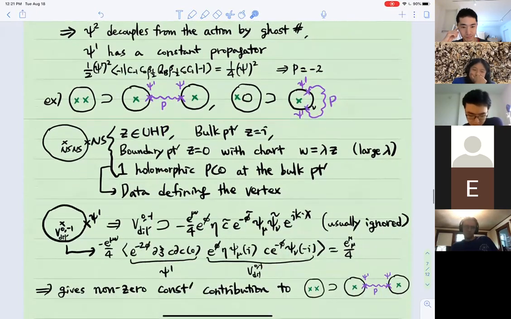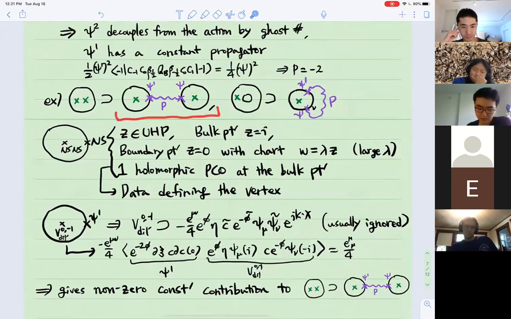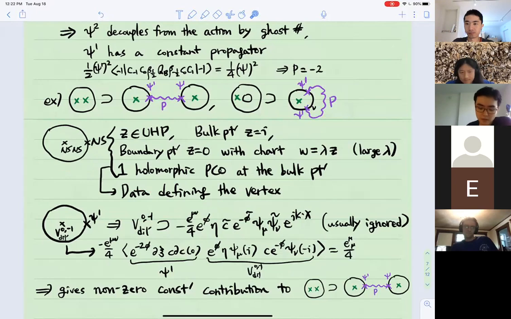So let me do this computation. This is actually going to give us some extra constant piece, which we were missing in the previous naive computation. In order to talk about this, we have to define what we mean by this vertex. So we have NS in the bulk and NS at the boundary. We parameterize this surface by Z in the upper half plane.